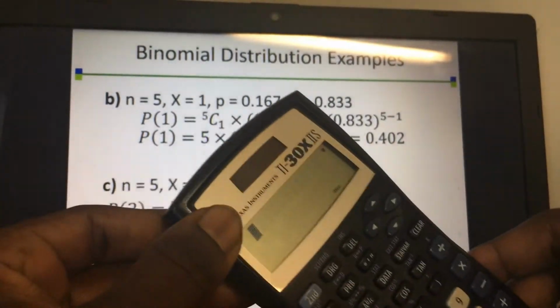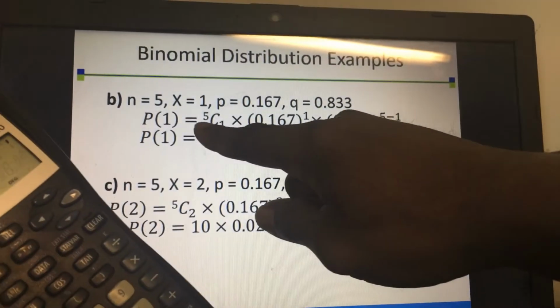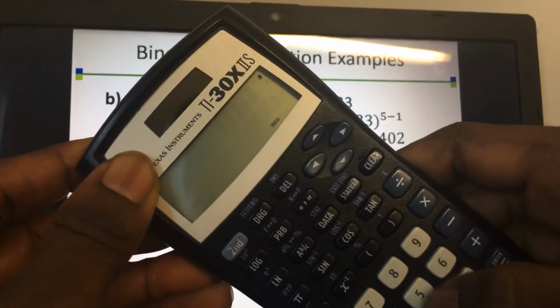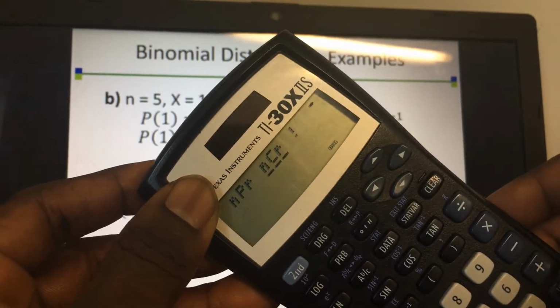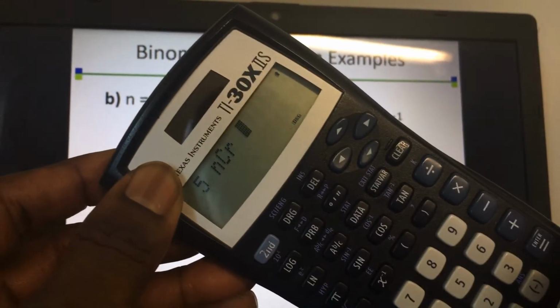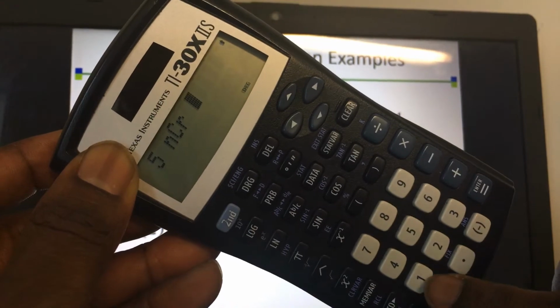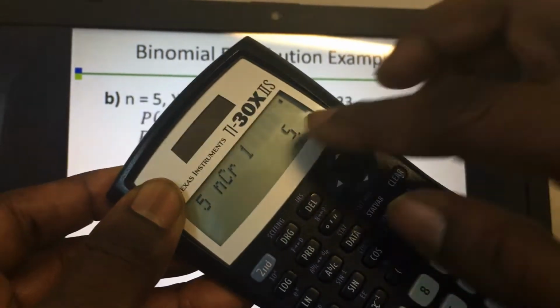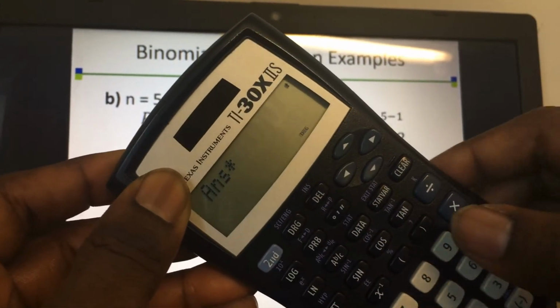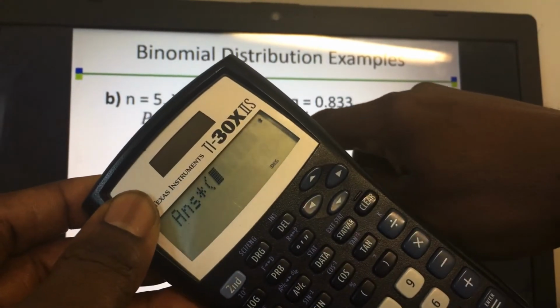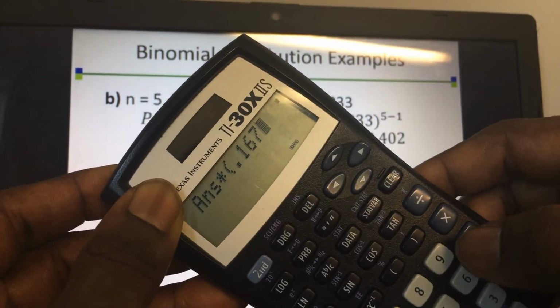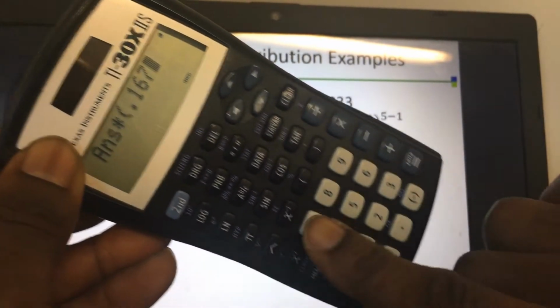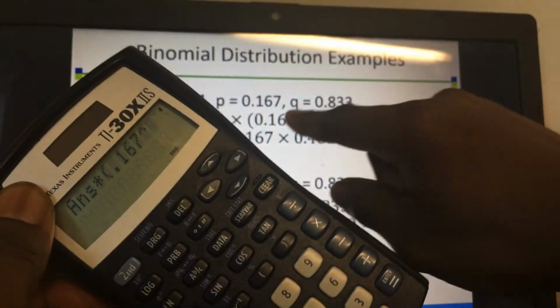So the probability that it appeared only once becomes 5 combination 1. Press 5 here, PRB, combination 1. Press 1 here. Equal, give me 5, times 0.167 raised to the power 1.